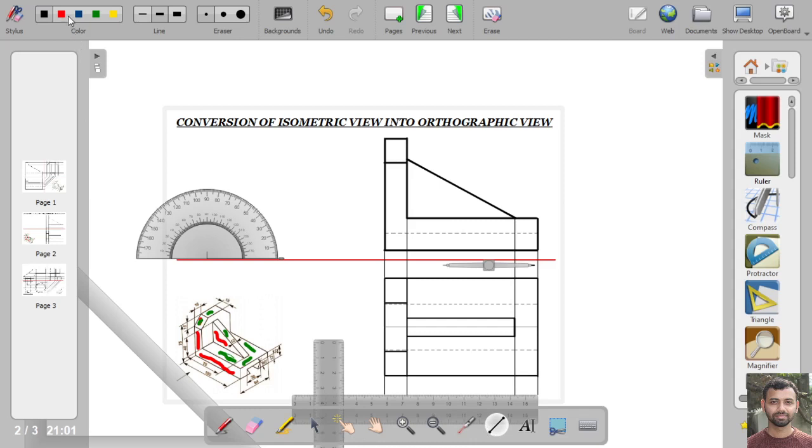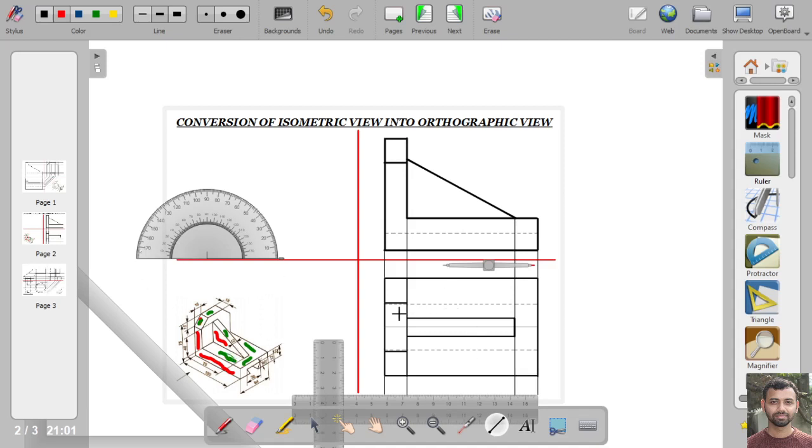Next, we will project all these points in the left profile plane, as the orthographic projection is the first angle projection. So we will get the right hand side view of the object in the left profile plane.